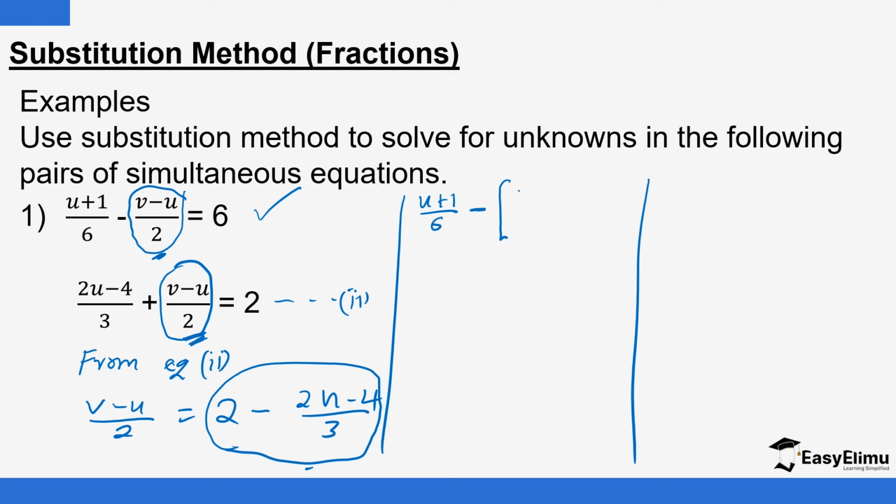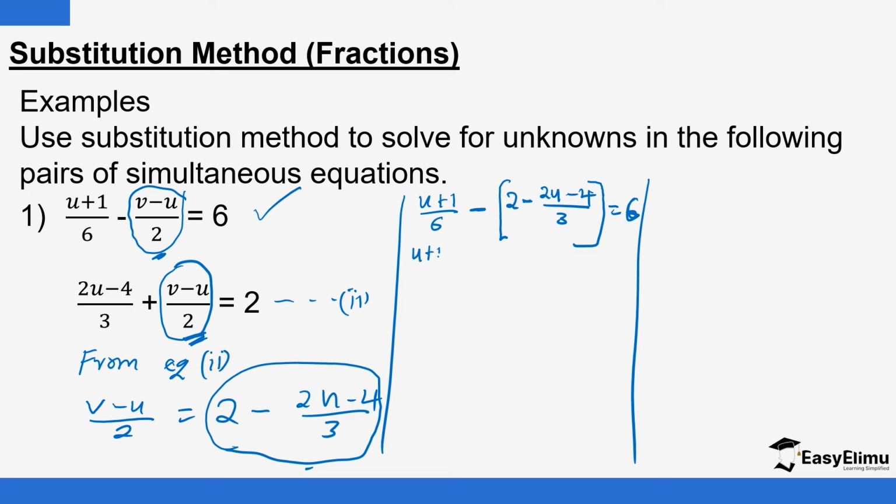It's supposed to be inside the bracket. Then this is equal to 6. So you see now we have substituted for v. You can't see v in the equation now, so I only have one equation in just one unknown. So let me now open up the bracket.